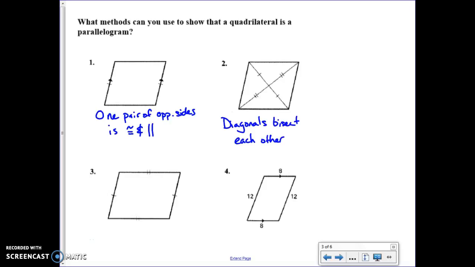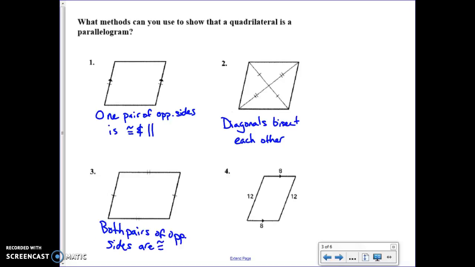All right, number 3, I just see tick marks across from each other, so that tells me congruent. So both pairs of opposite sides are congruent.